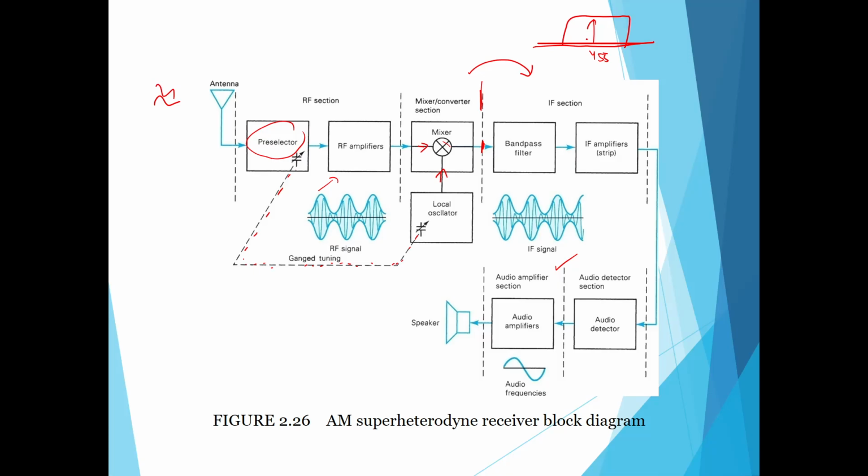But the frequency band that we produce consists of a few channels, a few radio stations. Although we have done the down conversion, before the IF section it still consists of more than one channel.